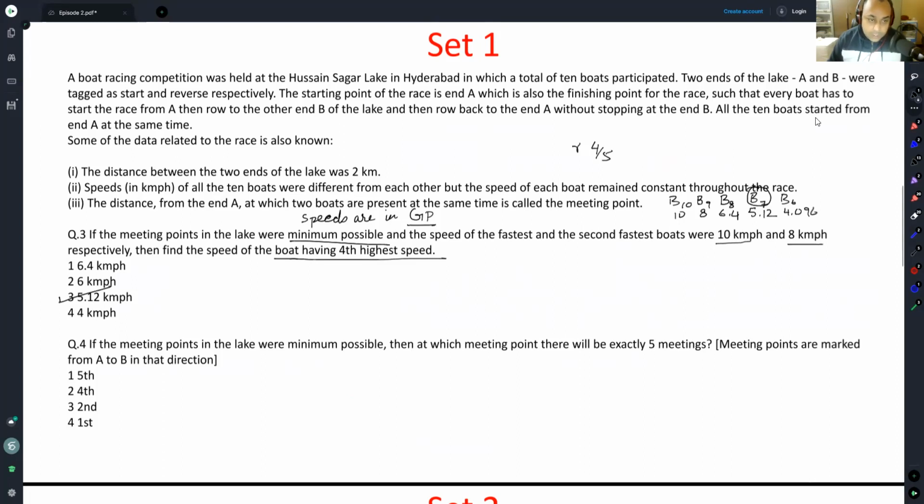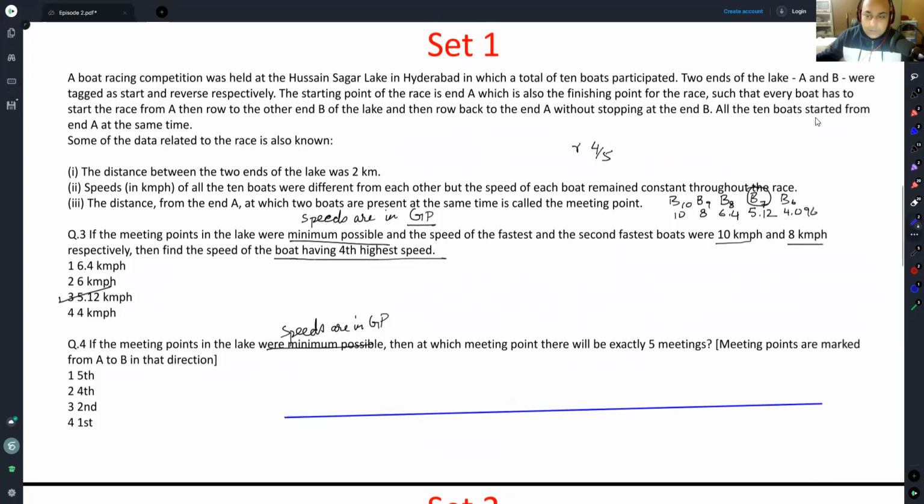Final question. If the meeting points in the lake were minimum possible, which is a different way of saying speeds are in GP, then at which meeting point will there be exactly 5 meetings? Meeting points are marked from A to B in that direction. Okay, let's see. I'm going ahead and writing down the 9 meeting points.